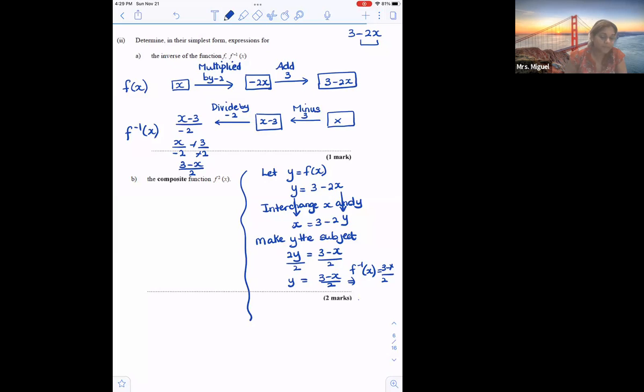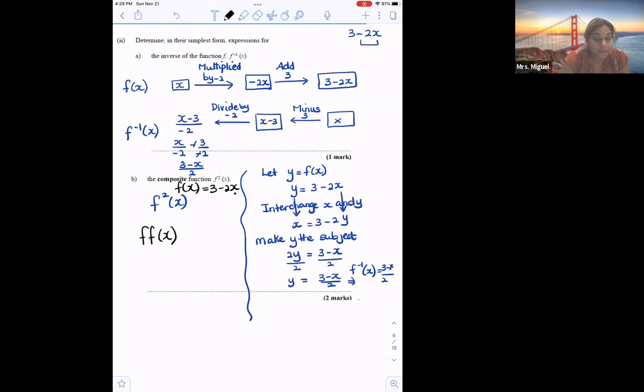So the composite function f squared. F squared is called a composite function. It is f of f of x. So we write the function f of x, which is 3 minus 2x. Wherever we see x, we are going to make a substitution.